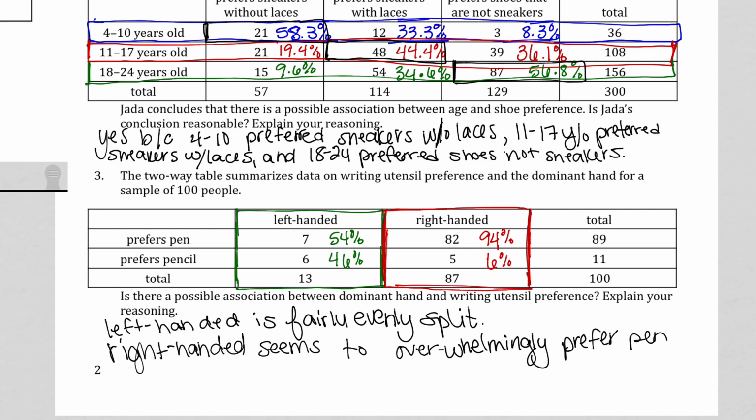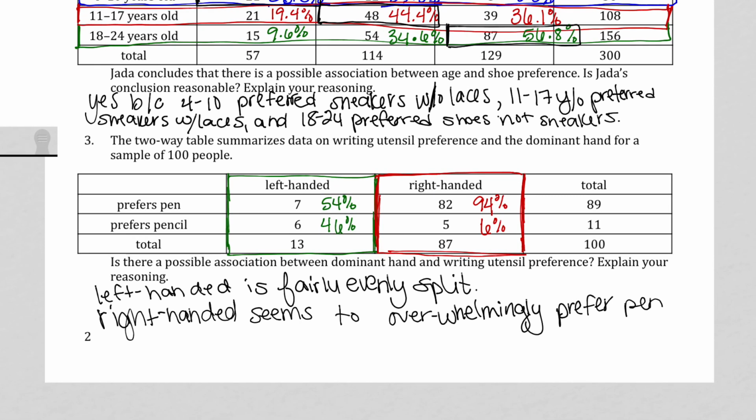Okay, so there seems to be an association between utensil preference and handedness, specifically for right-handed people.